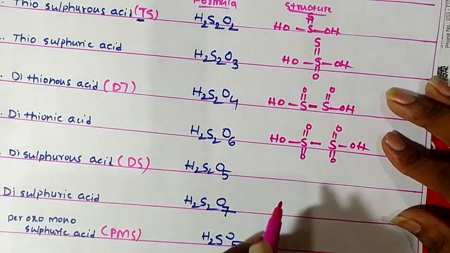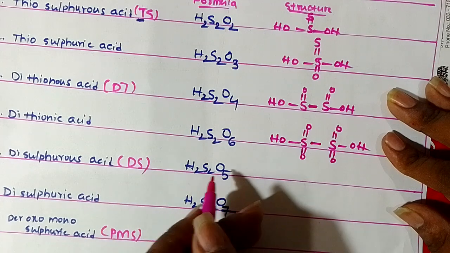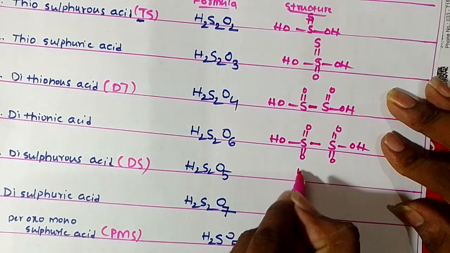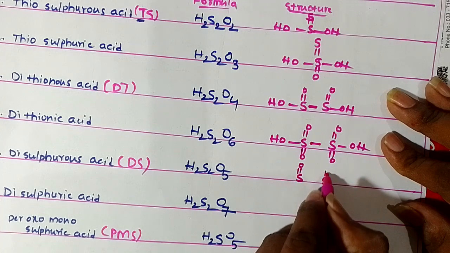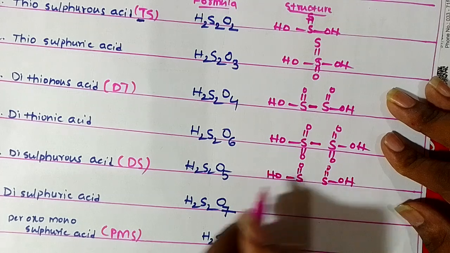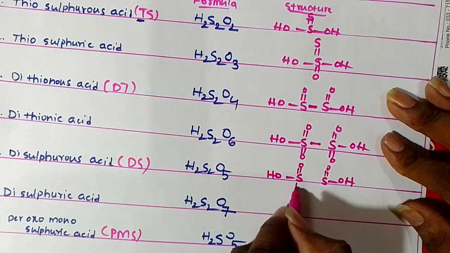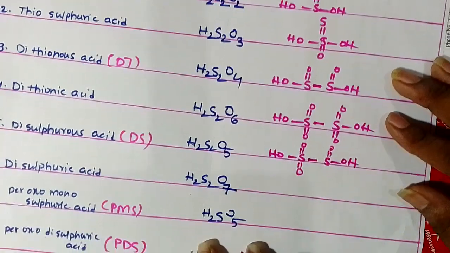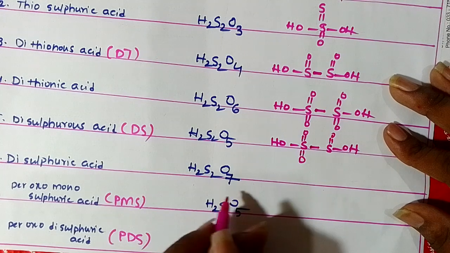Now coming to disulfurous acid. The formula is H2S2O5. First write two SO groups, and then write two OH groups, and the remaining oxygen exists like this, and there is an S-S bond. Now coming to disulfuric acid, H2S2O7.